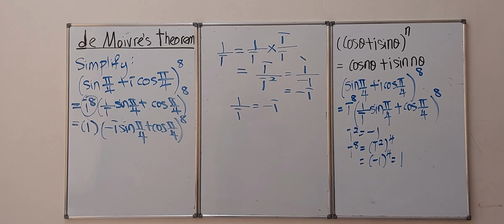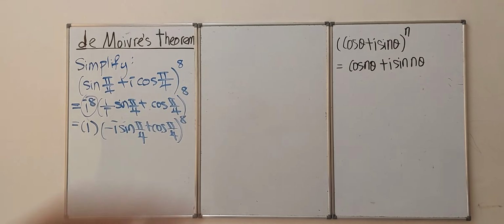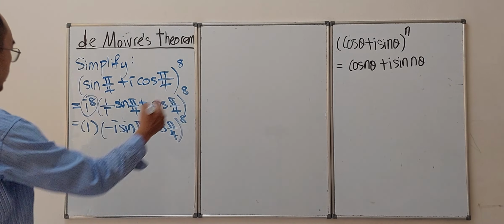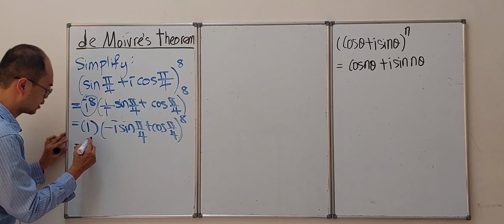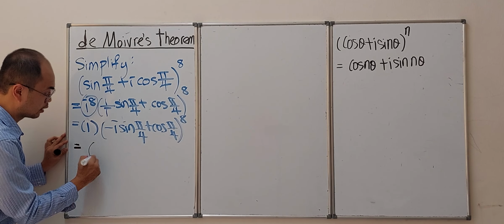Alright, okay, let's continue. Just now I have shown you how I rewrote this. Now I'm going to rearrange this such that I can use De Moivre's theorem. So I can rewrite this as cos pi over 4 minus I sine pi over 4, to the power of 8.